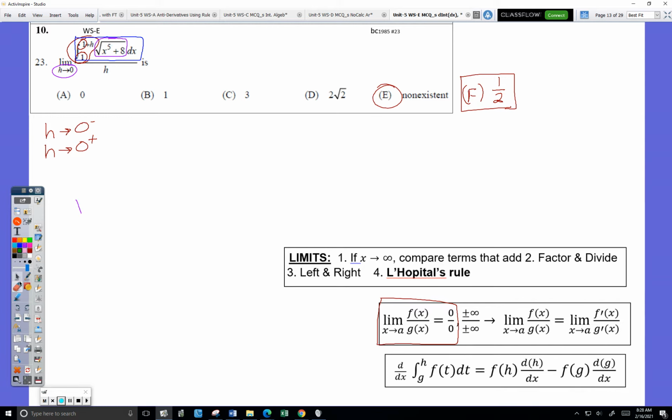I take away the input variable and replace it with the upper limit. And then I multiply by d over dh. Remember, it has to be dh because of this h. The dx is really just a temporary variable of the upper limit.